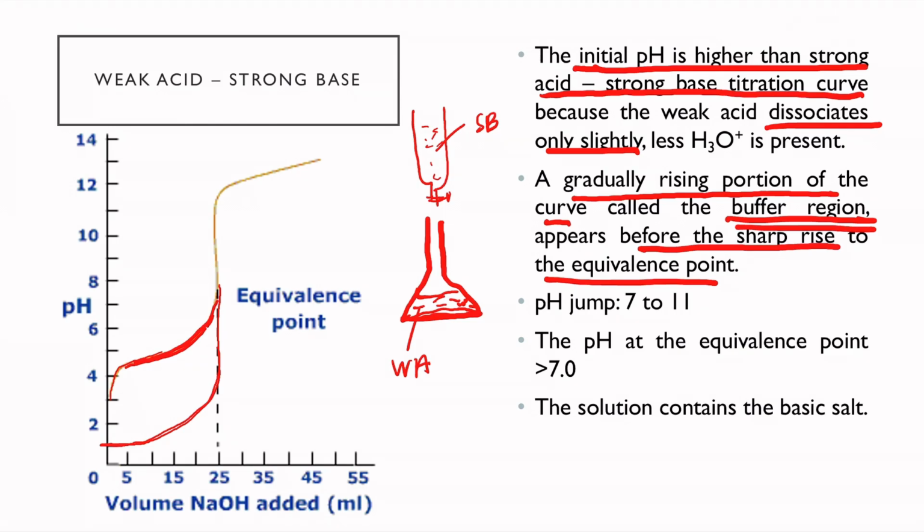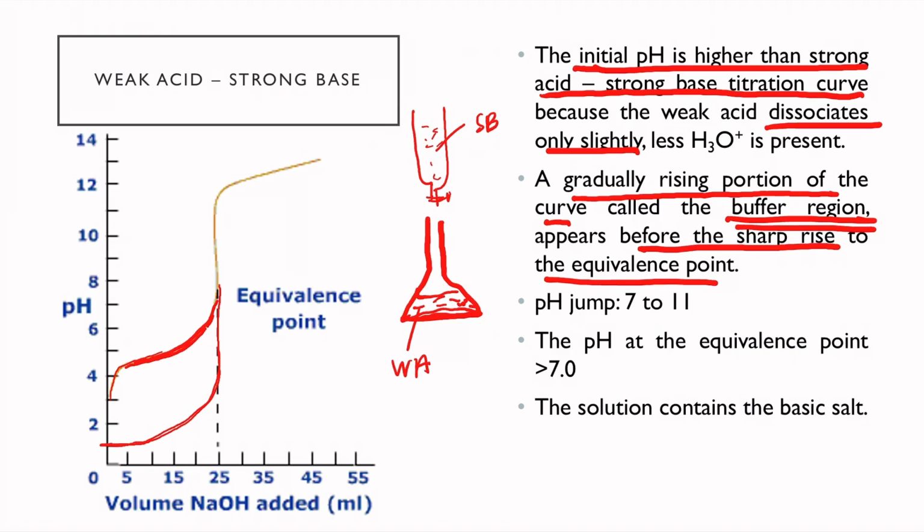So your buffer region tu maksudnya, kan awak ada weak acid, so dalam weak acid awak ada weak acid dengan its salt. Betul tak? Your conjugate base, right? So it is basically a buffer solution, right?